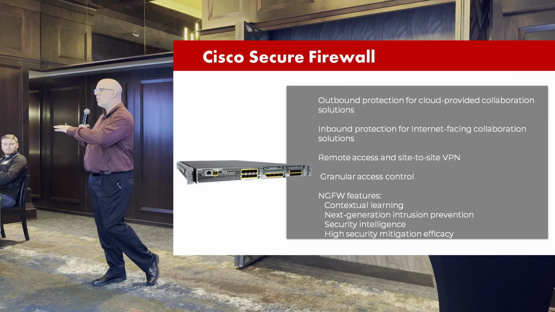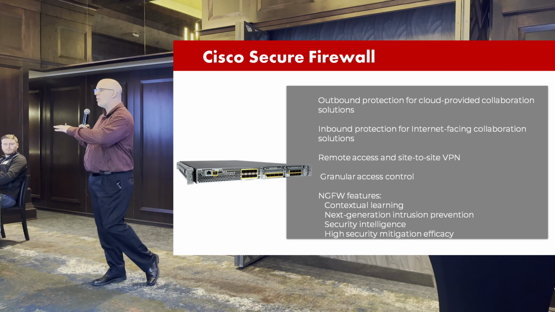Your next generation features are contextual learning, meaning any traffic that comes to and from your network through the firewall, it learns your network, it learns what endpoints are on your network, what traffic they use, what software you run, and what versions of each software that you run. As such, it has the ability to fine-tune dynamically your intrusion prevention rules to pertain only to the endpoints and the software that you have on your network.